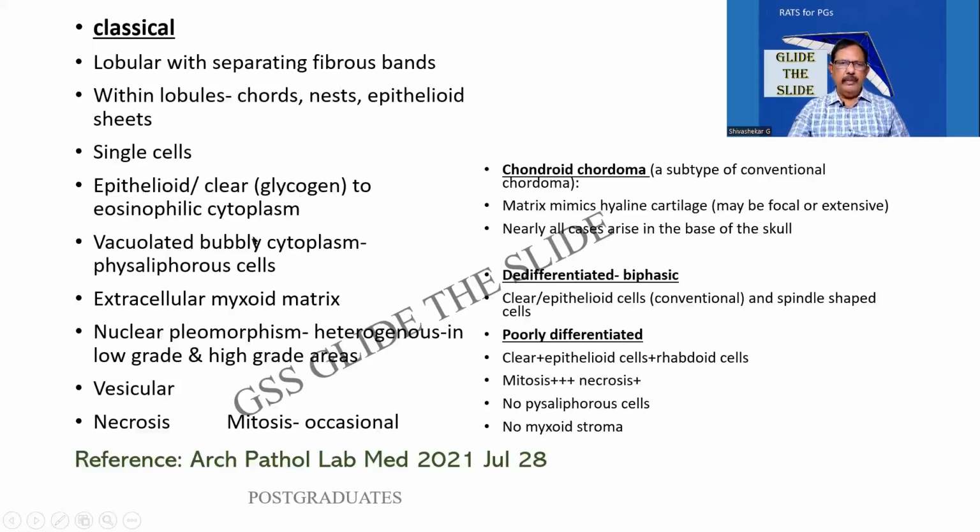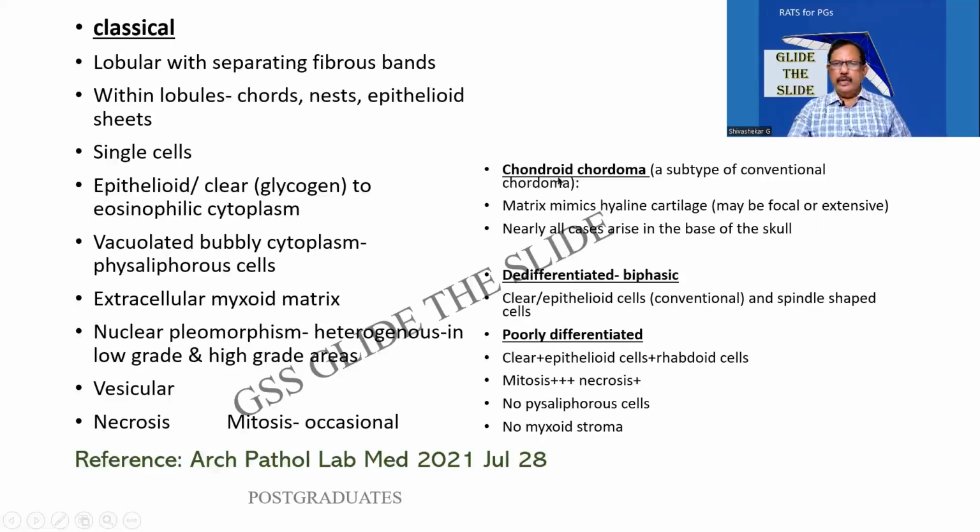And because of this, there can be eosinophilic to vacuolated cytoplasm. Large, bubbly, physaliphorous cells. Extracellular myxoid matrix. Nuclear pleomorphism is there in the high-grade areas. The nucleus is otherwise vesicular. Similarly, areas of necrosis and mitosis can be seen in high-grade tumors.